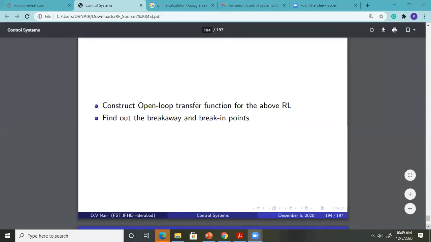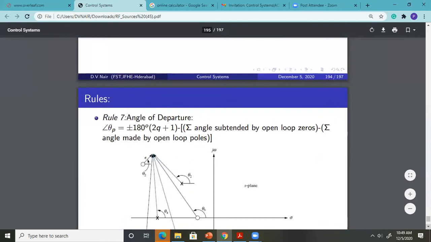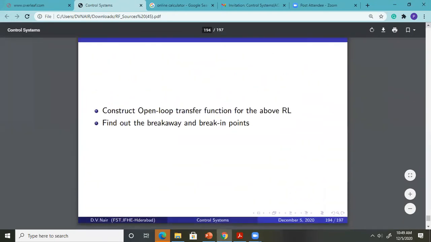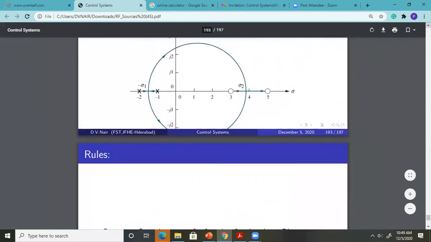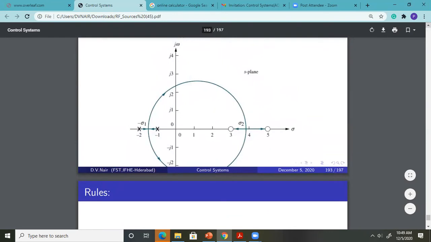Okay, friends. So this break-in point is clear? Yes, sir, it is clear. Last time we were struggling with finding the value of k, such that we know at what k the branches break away and at what k the branches break in.